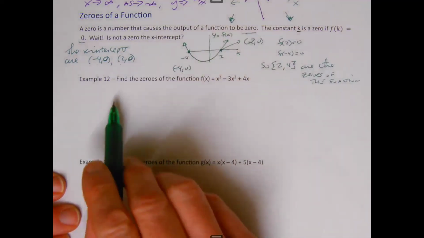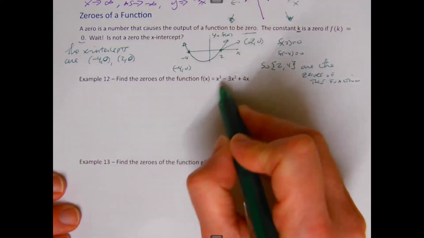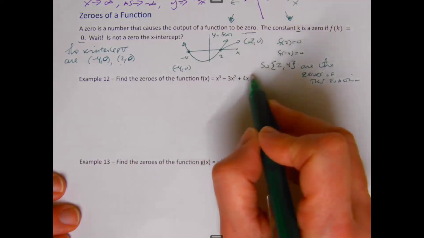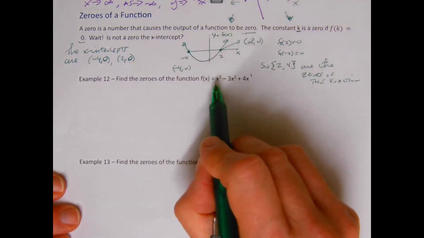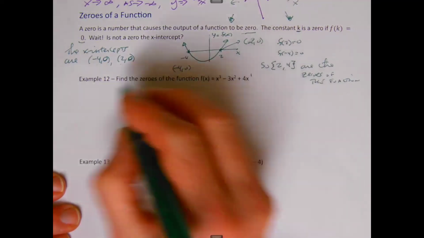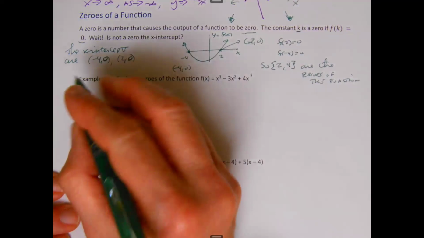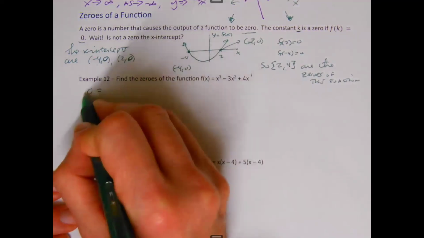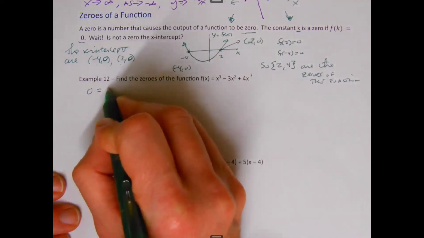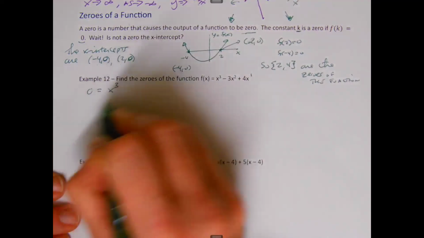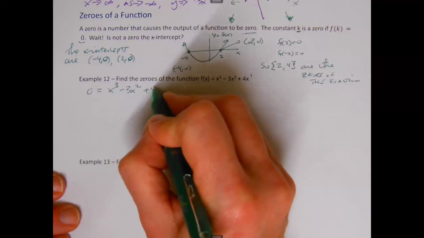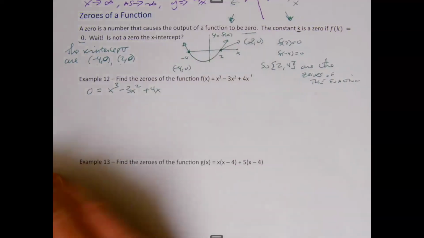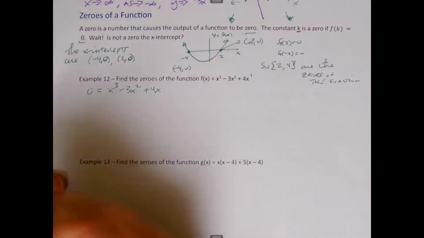So for example, if I'm given this polynomial, you notice the powers here are all positive integers and the base is the variable. So if I want to find the zeros of this, what I'm looking for is what causes the output to be 0. And yes, it's that same thing. When you were asked to find the x-intercepts, you're basically being asked to find the zeros.